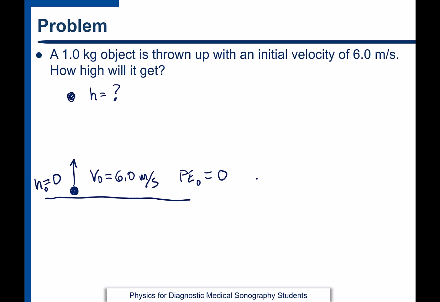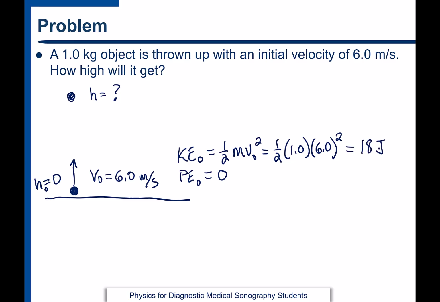The initial kinetic energy we can figure out. KE initial is just 1/2 mv initial squared. So that's 1/2 times 1 times 6 squared. And if you calculate that, you should get 18 joules. So that's our initial kinetic energy and our initial potential energy.